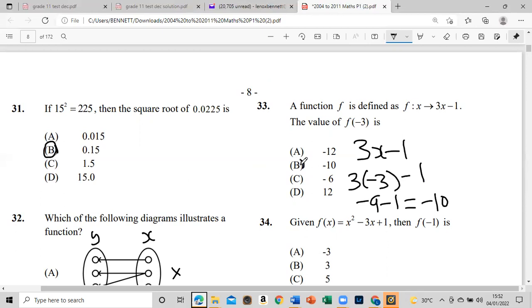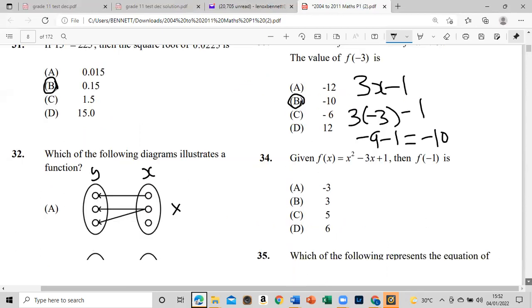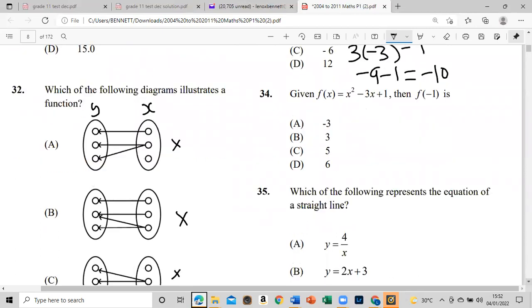So that will be 34. As I say, given f of x is equal to x squared plus 3x, or same thing, right? Alright, so this time is negative 1 squared minus 3 times negative 1 plus 1.